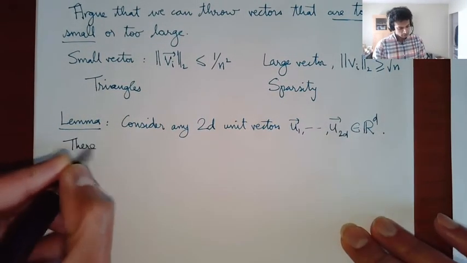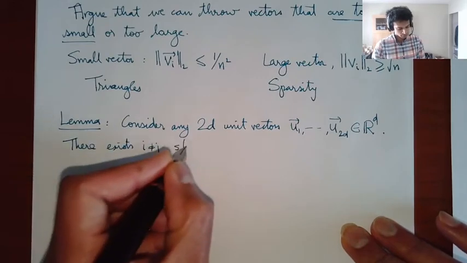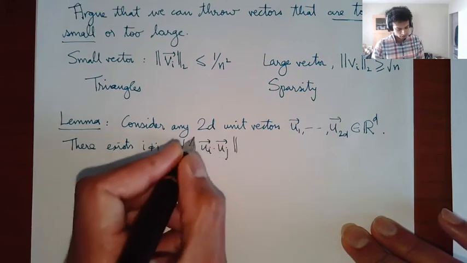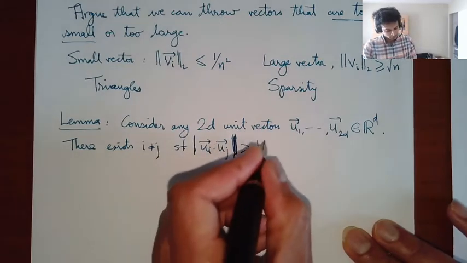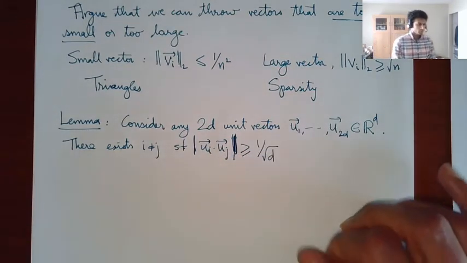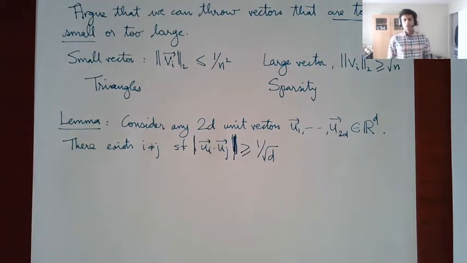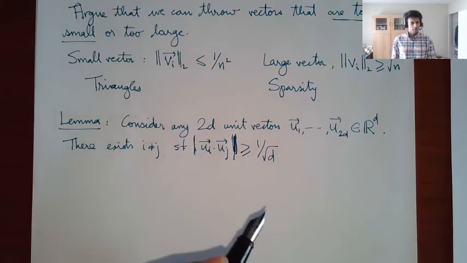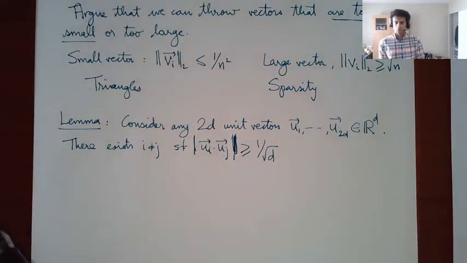Then there exist i not equal to j such that the absolute value of ui dot uj is at least 1 over root d. So what this says is if you consider any 2d unit vectors, I think you could even probably do d unit vectors, there must exist a pair of vectors whose dot product is at least 1 over root d.